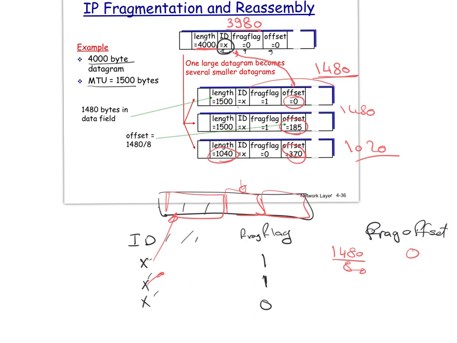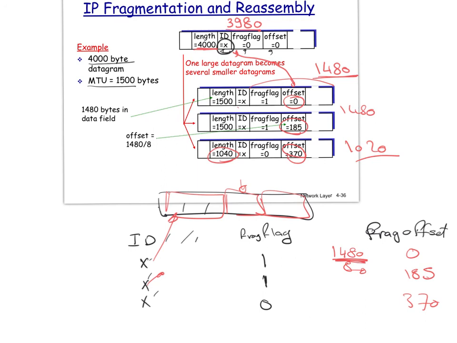So here it's 185, which is 1,480 divided by 8, and then 370, which is multiplying that by 2 and dividing by 8. Okay? Any questions?